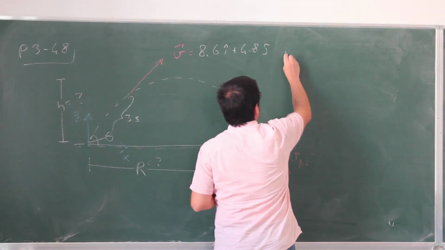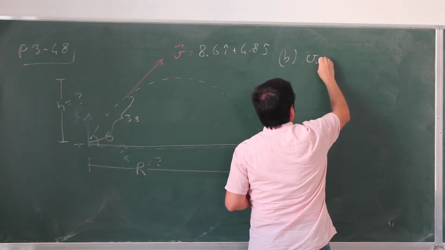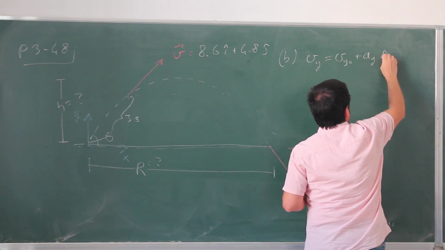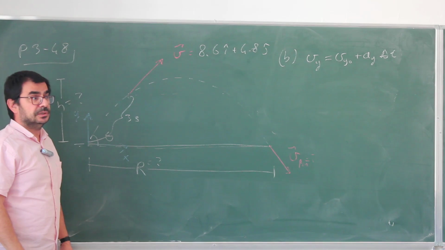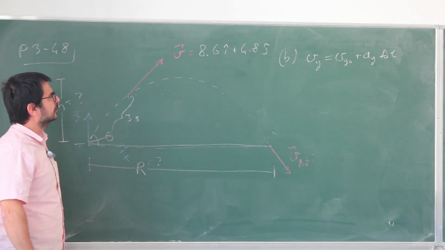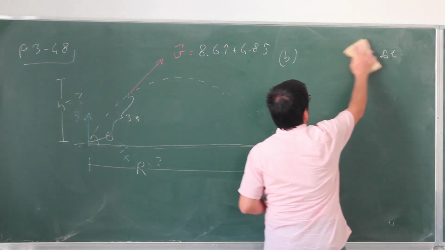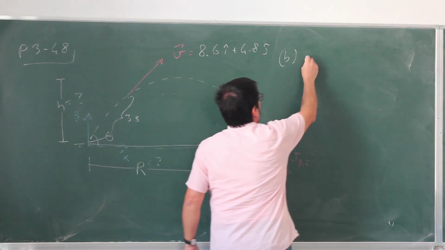Okay? So for part B, at the maximum height, Vy is 0, but we start with some Vy0 plus we have some acceleration. Okay? And this allows us to calculate the time. This is actually not very practical. It could work this way, but let me switch back. They are not asking about time, so let's first try the timeless formula.